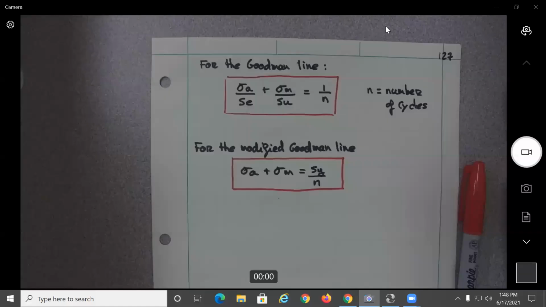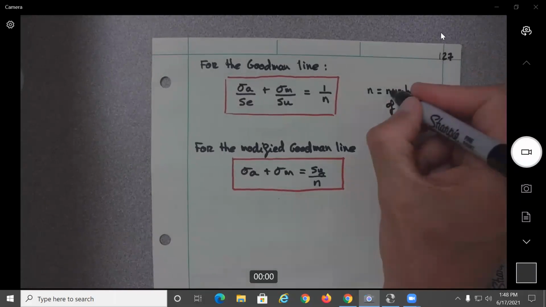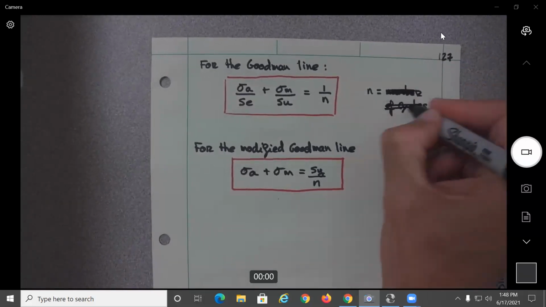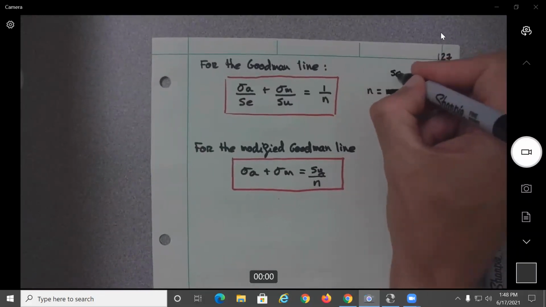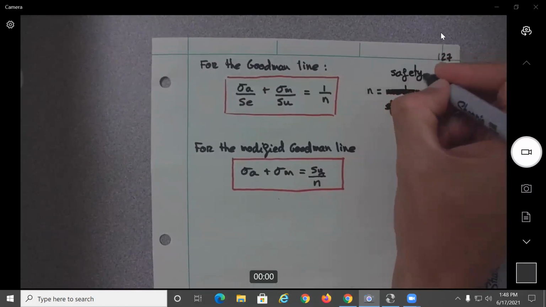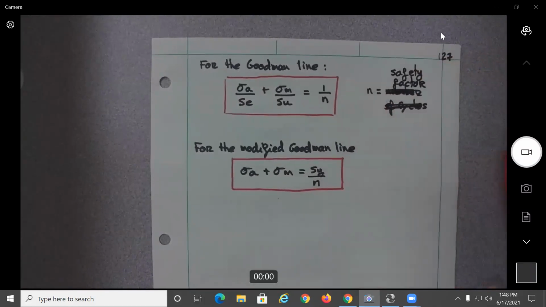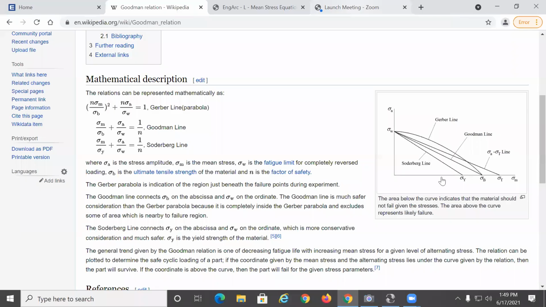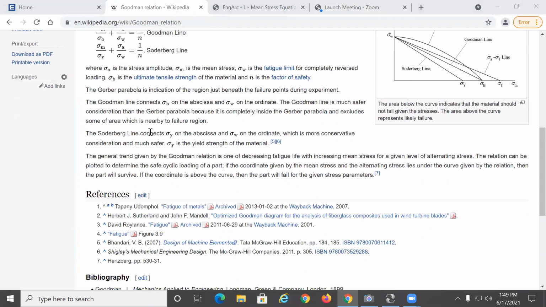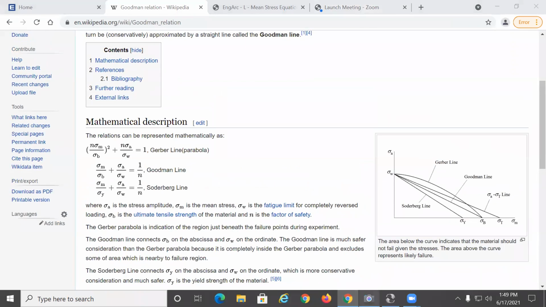So here, sorry for that, guys. n is not the number of cycles. n is the safety factor. So you have similar equations, curves, and all the different criteria.